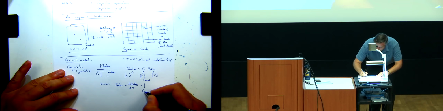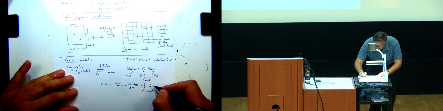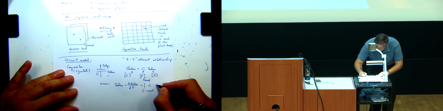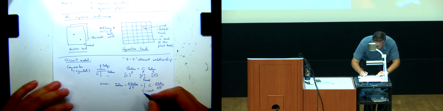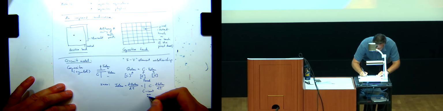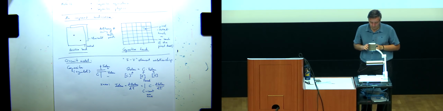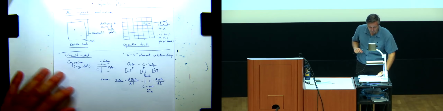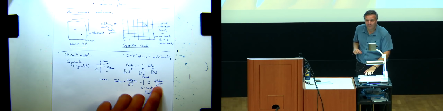But here we're going to assume that C is constant. And then we can just put it out of the derivative and just leave dV element dt. Constant over time. Okay? So we have now that I element is equal to C times dV element dt.